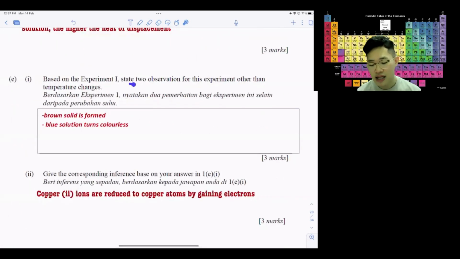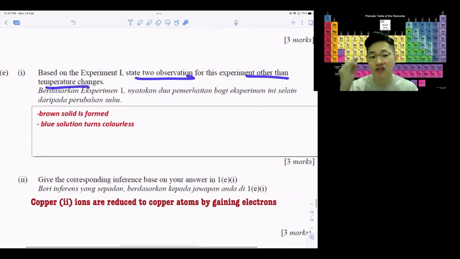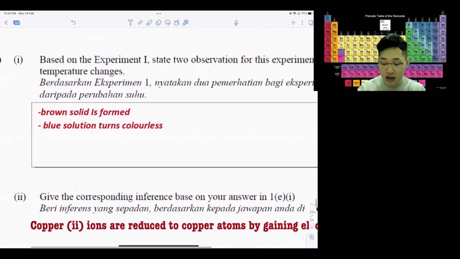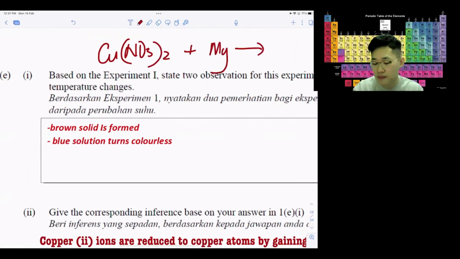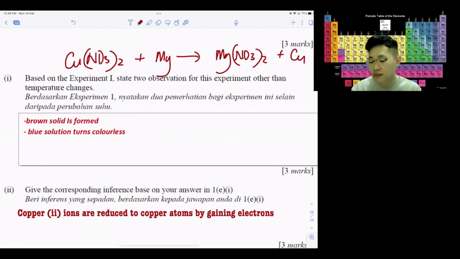Based on experiment 1, state 2 observations. For heat of reaction, other than temperature change, like this heat of displacement, copper 2 nitrate reacting with magnesium forms magnesium nitrate and copper.